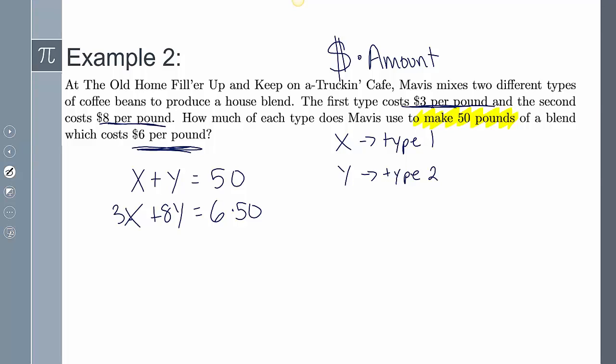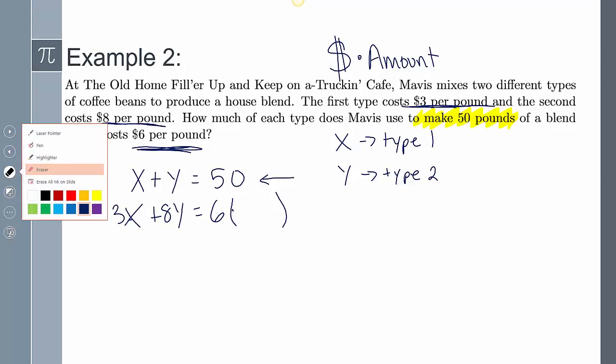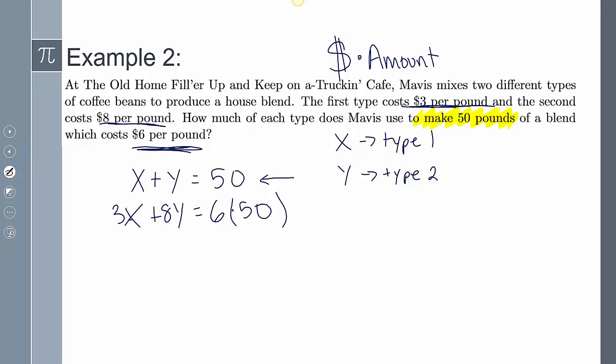Another way you can look at that is, instead of saying 50, I could say that's the sum of my pounds of type 1 and my pounds of type 2 together. But up here we established that x plus y is 50, and so that's why I could say instead that this value right here is going to be 50.